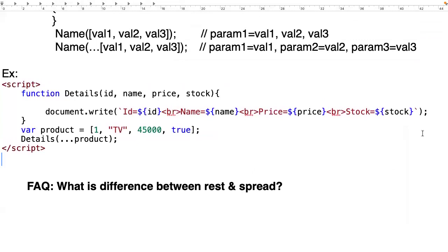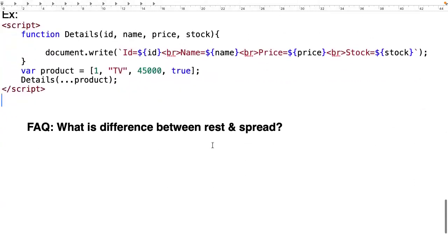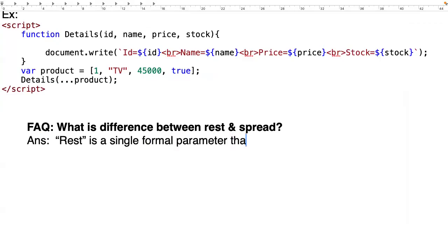So what is the difference? Let's see the answer. Rest is a single formal parameter that can handle multiple arguments.